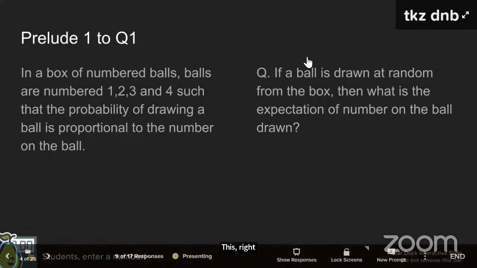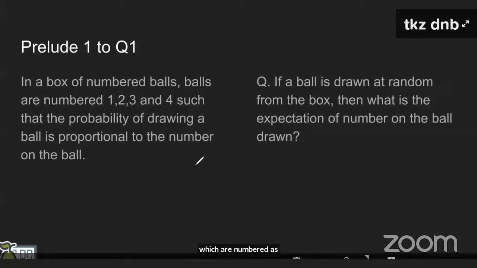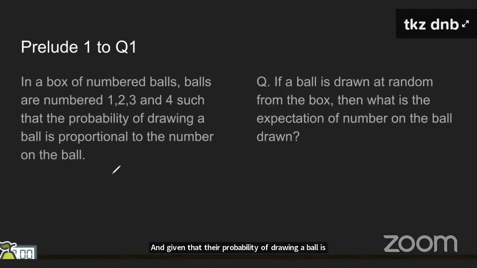There are 4 balls which are numbered 1, 2, 3, and 4, and the probability of drawing a ball is proportional to the number on the ball. Let's say B1 is the ball on which 1 is numbered, B2 is the second ball on which 2 is there, B3 and B4.